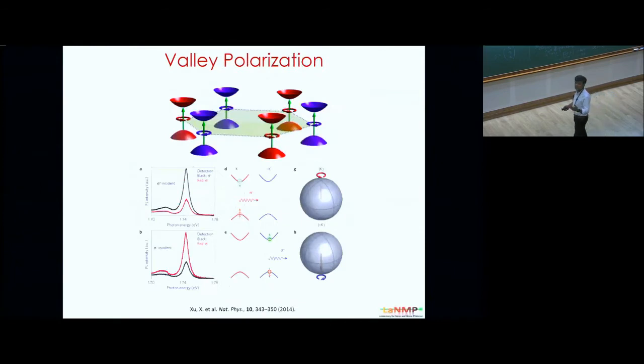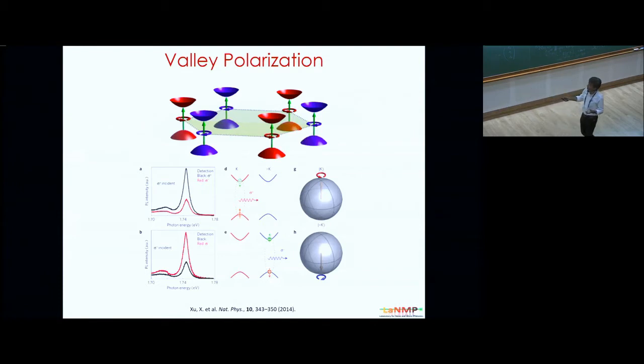But really the question is, what do TMDs bring to the polariton community that you normally don't get out of these other systems? This is where I want to discuss valley polarization. We heard a little bit of that in the morning from Guido on valley polarization in silicon.